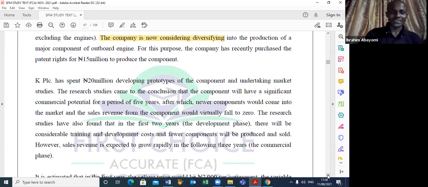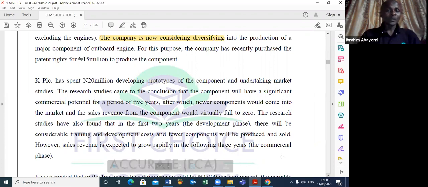The research studies have also found that in the first 2 years, that is the development phase, there will be considerable training and development costs, and fewer components will be produced and sold. However, sales revenue is expected to grow rapidly in the following 3 years, which is the commercial phase.